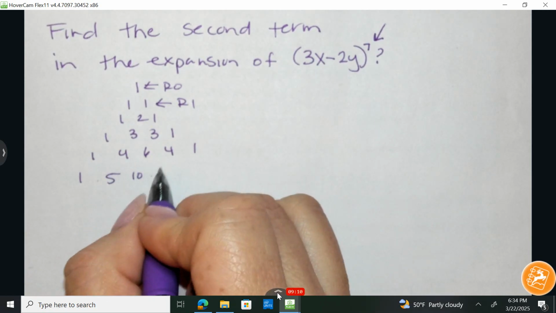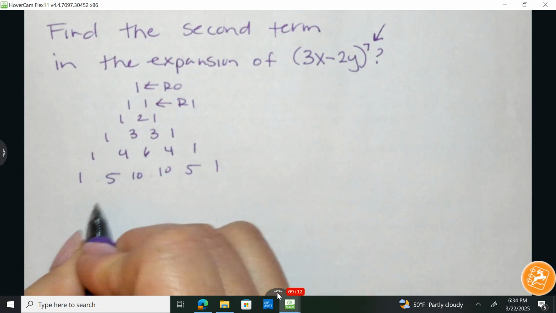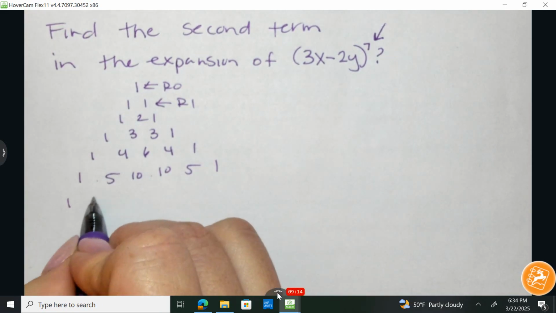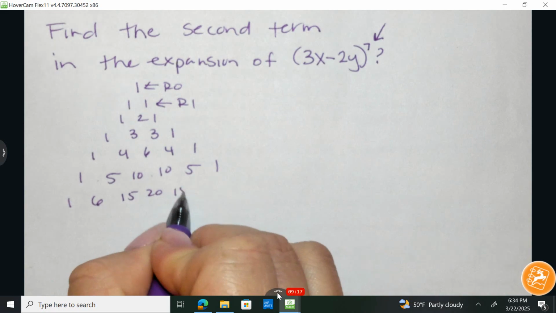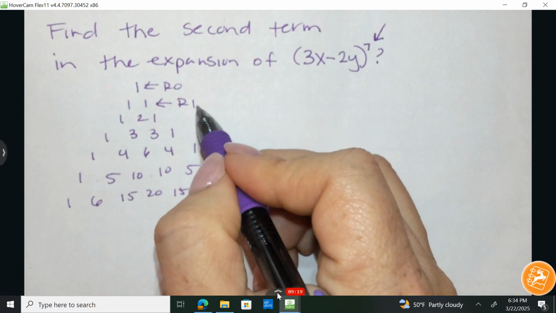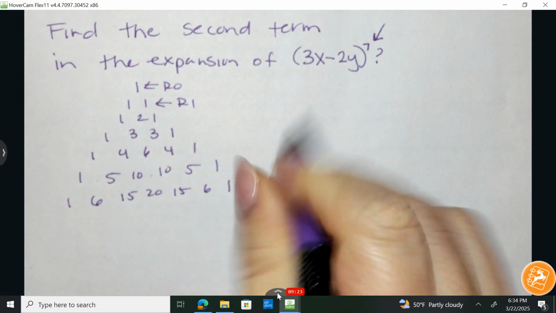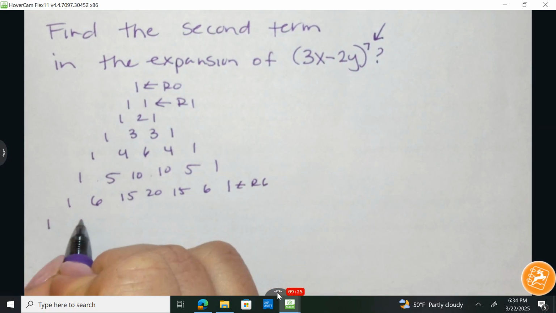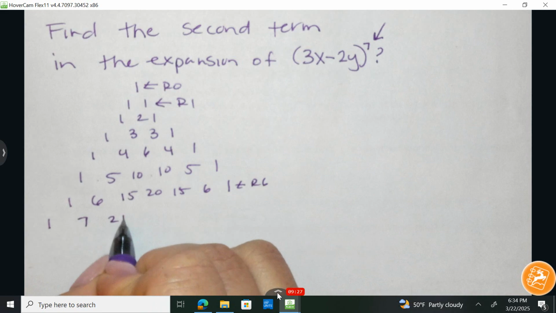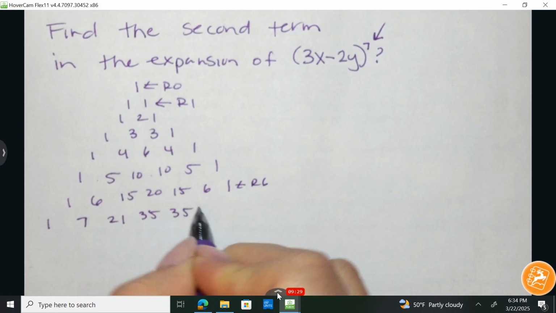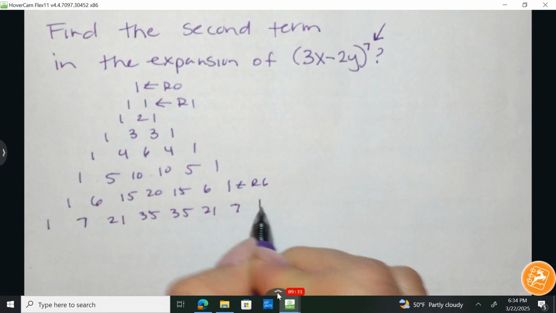There's 5, 10, 10, 5, and 1. 1, 6, 15, 20, 15, 6, and 1. Oh, hold on, this is row 1, 2, 3, 4, 5, 6. This is row 6, and I need to go to row 7. 1, 7, 21, 35, 35, 21, 7, and 1.